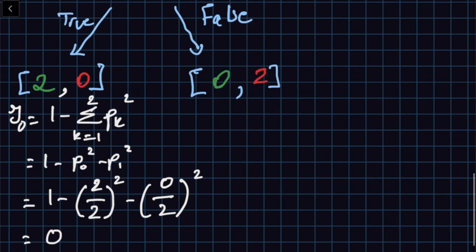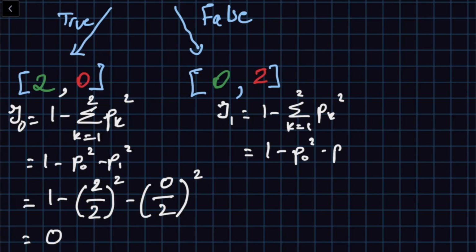If you do the math right down here, you go ahead and compute J1, you're going to see that it's equal to J0, that is 0. You do the math, 1 minus the sum over k going from 1 till 2 of pk square. That is 1 minus p0 square minus p1 square. But this time it's 0, not because of the 2 being over here. It's because it's over here.